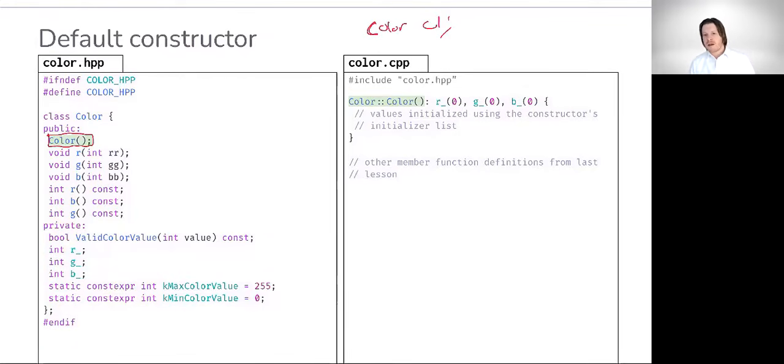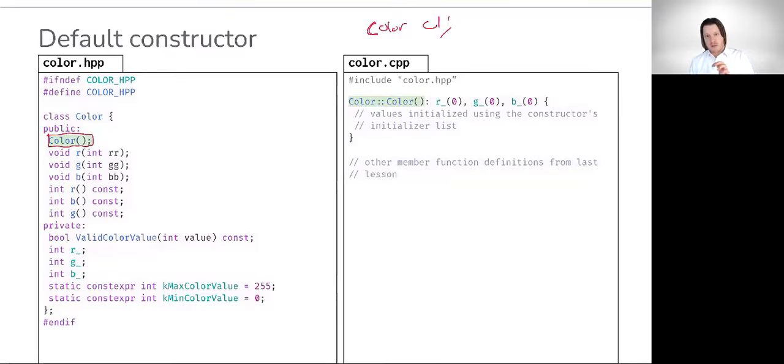Now, when we go ahead and provide the definition for this, we're going to introduce what's known as an initializer list. We'll talk about the importance of this, but this more or less, I believe, came into existence during C++11, and it's going to provide a way to directly initialize the data members.